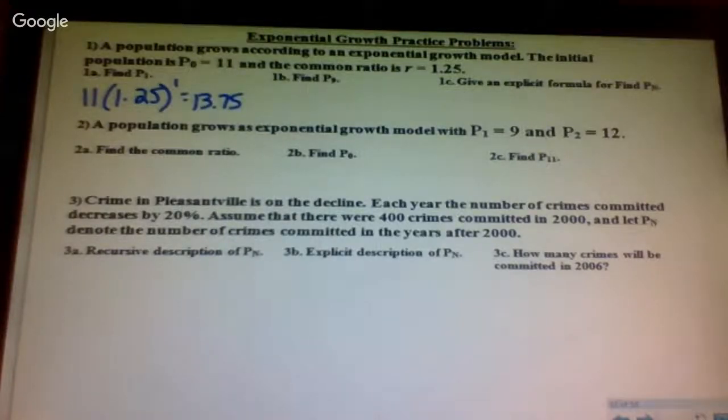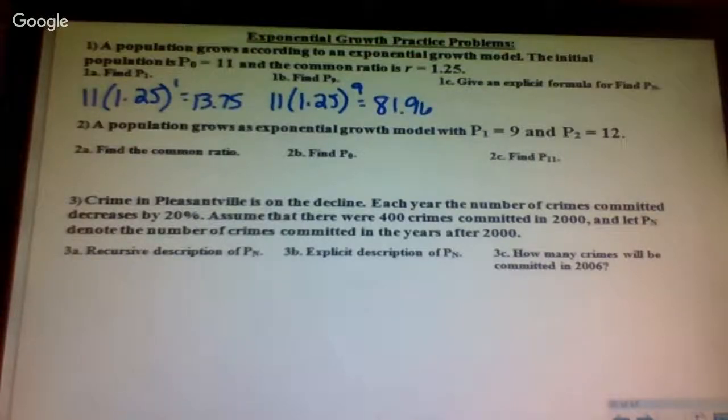Part B, all you would change is the 9. Raise it to the 9th. So 11 times 1.25 raised to the 9th is 81.96.